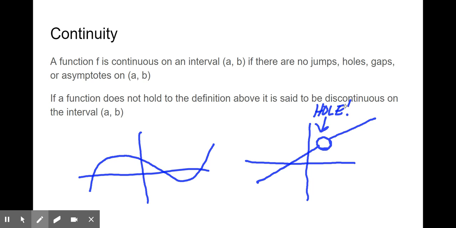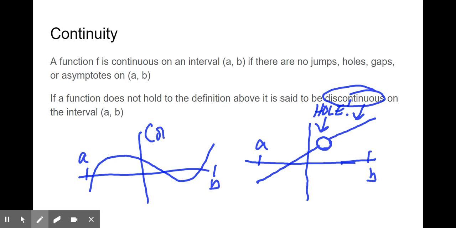So this graph is said to be discontinuous on this interval, we can say from A to B. And this graph is considered to be continuous on A to B.